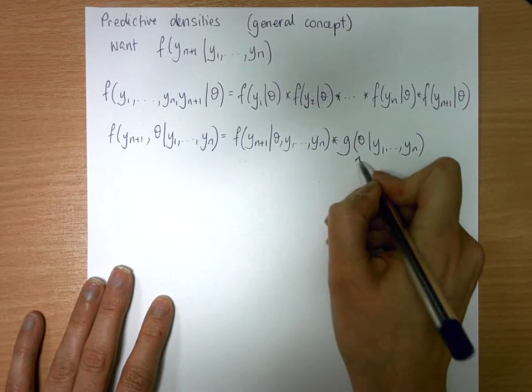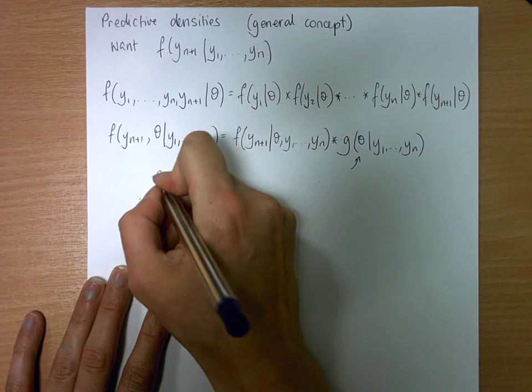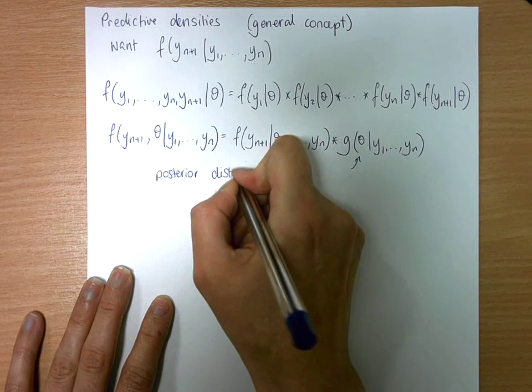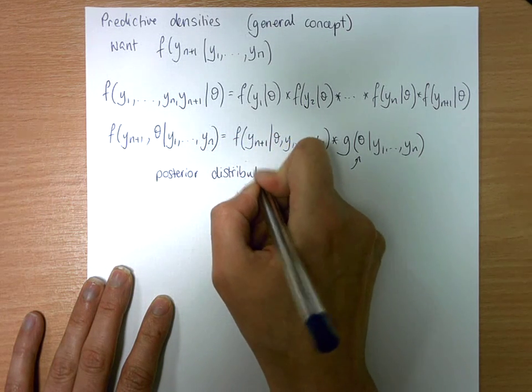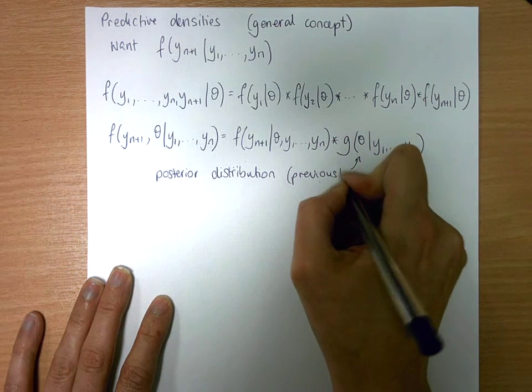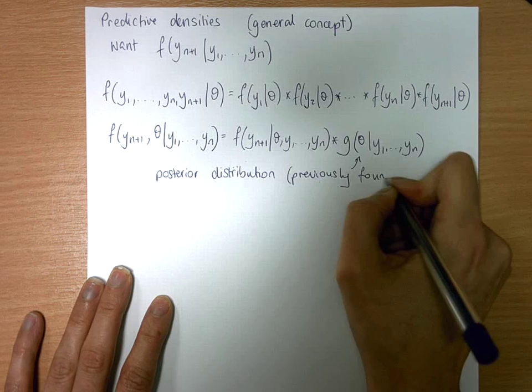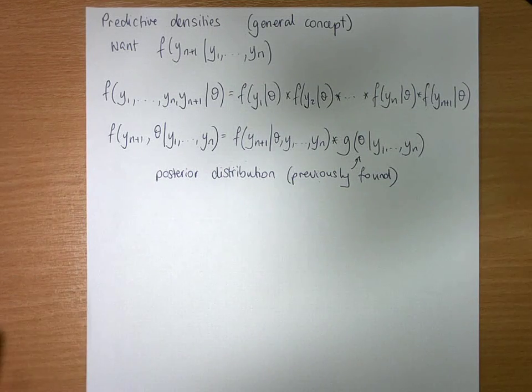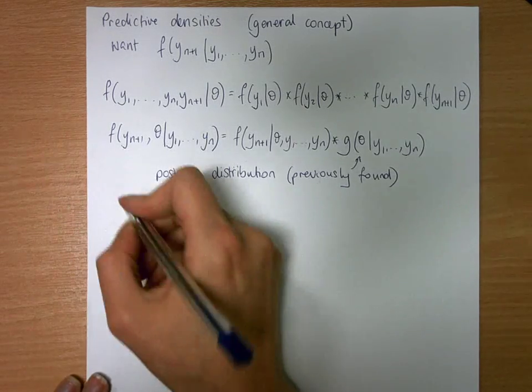So this is our posterior distribution, which you should have previously found. And there are several videos on this channel showing you how to find the posterior distribution if you're working with conjugate priors.